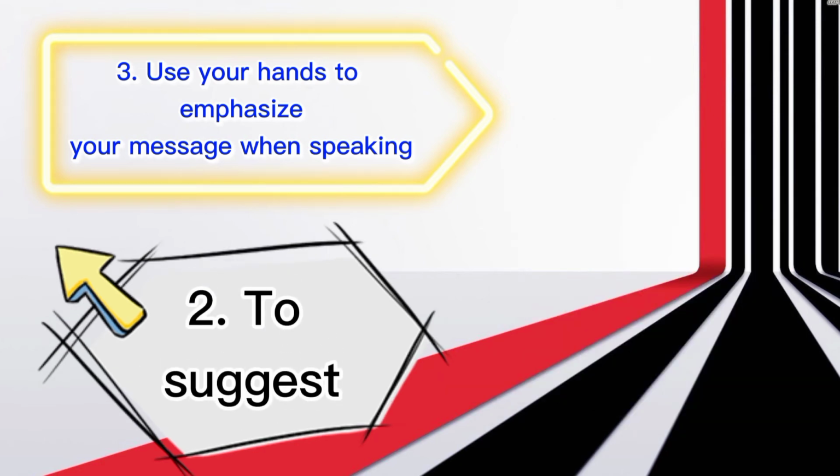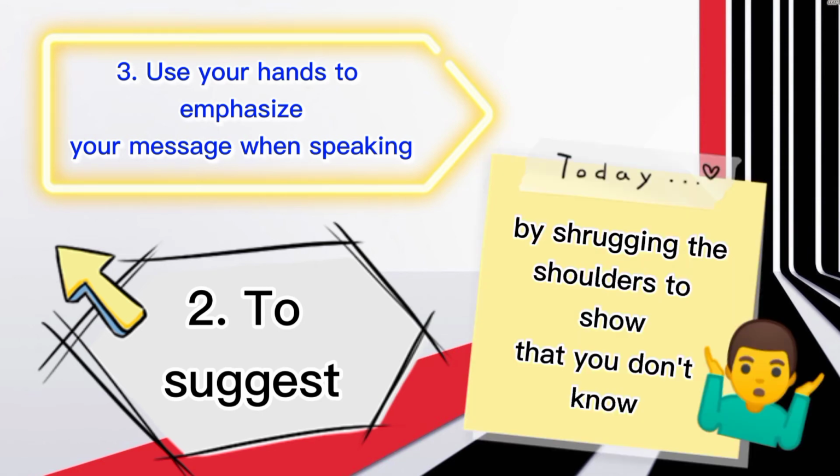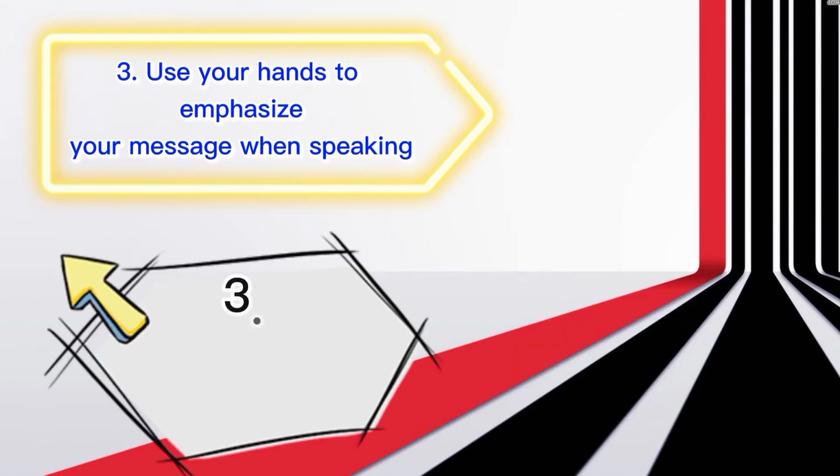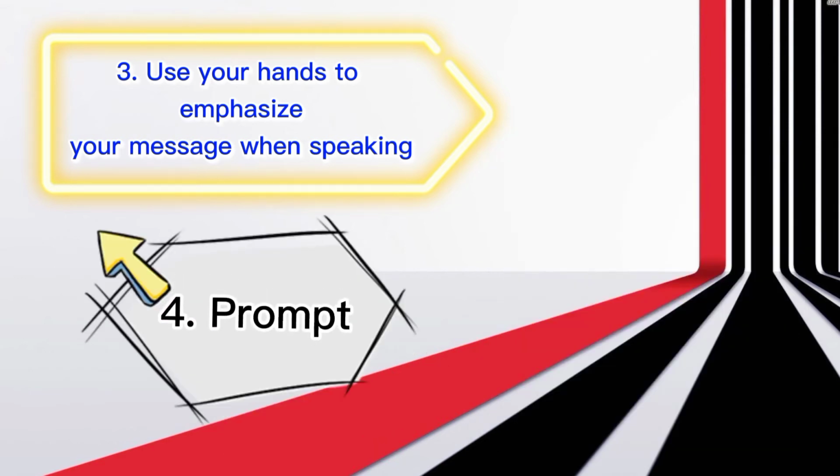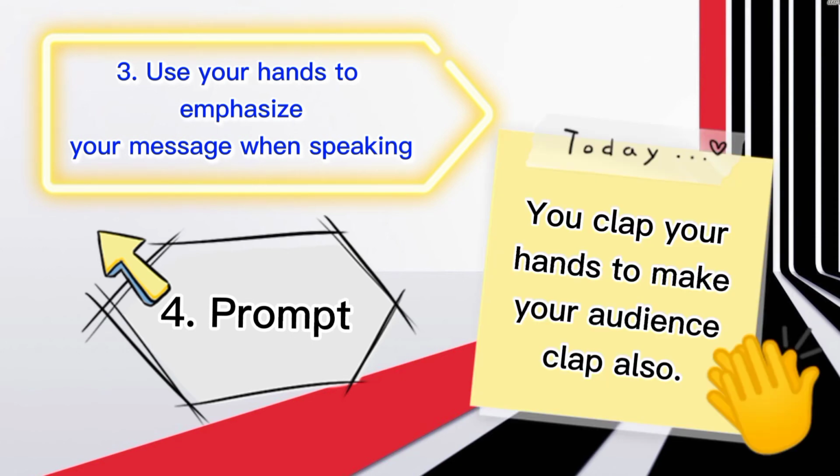To suggest something, an example is shrugging the shoulders to show that you don't know. Describe. Example, act as if you are falling to describe that you fell into the water. And prompt, an example of this is you clap your hands to make your audience clap also.